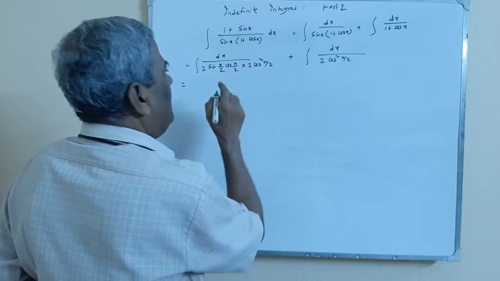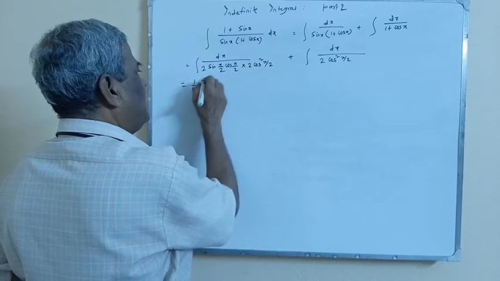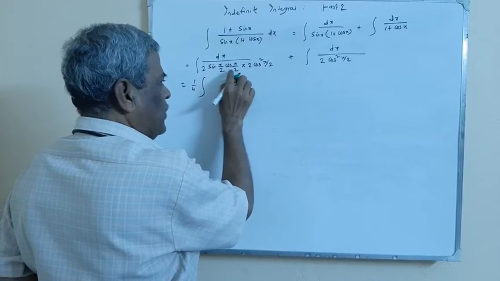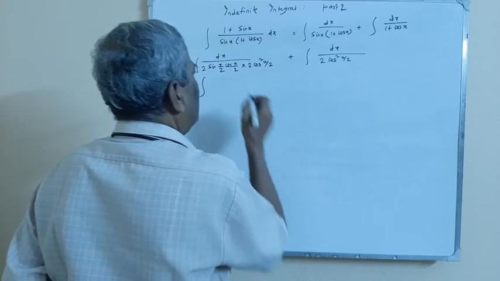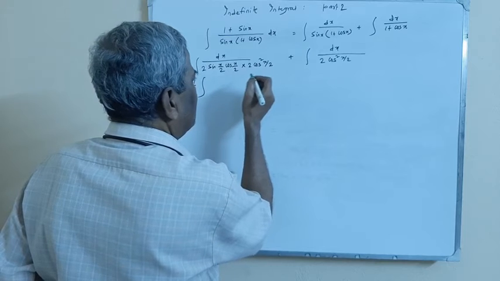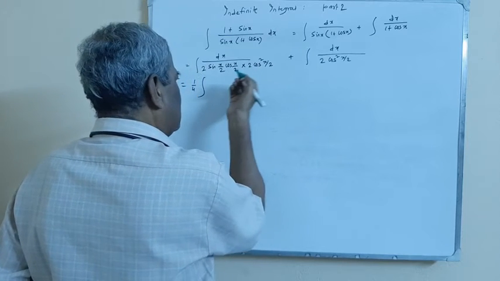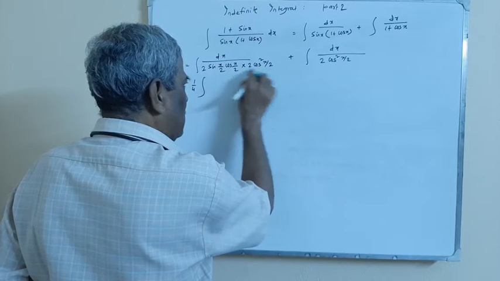It is actually 1 by 4 into sin x cos cube x by 2. So divide by 1 by 2, 1 by cos square x, 1 by cos cube x.